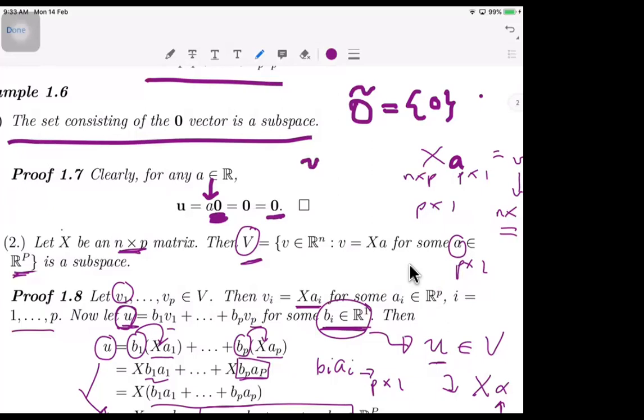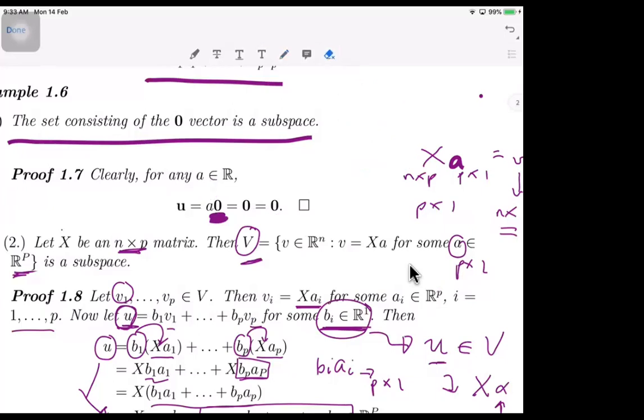So any linear combination derived by taking a linear combination of 0 is still in 0 tilde. So the 0 tilde, or the set containing the 0 vector, is a subspace.